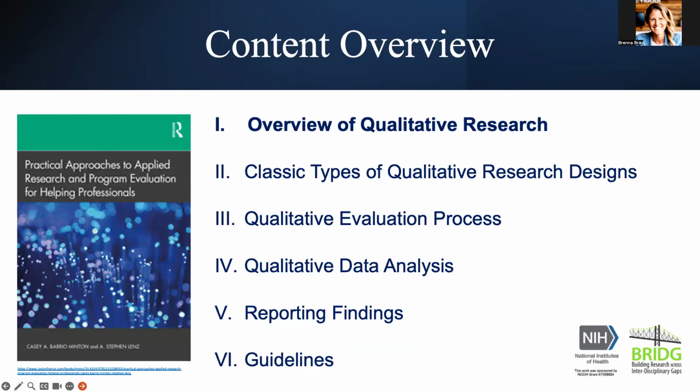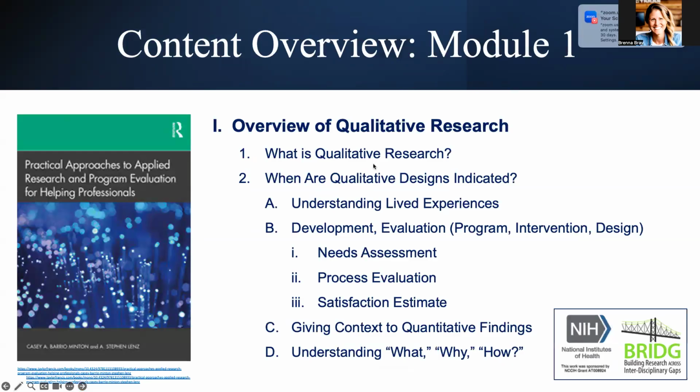In this module, we're going to provide an overview of qualitative research. So we're going to talk about what qualitative research is, when qualitative designs are indicated, and we're going to focus really on understanding lived experiences, developing and evaluating programs, interventions, or designs, giving context to quantitative findings, and answering questions like what is going on with the data or a phenomenon, why are these things occurring, and how are these processes occurring.